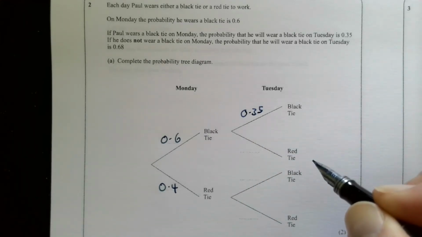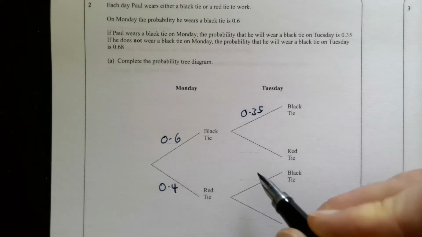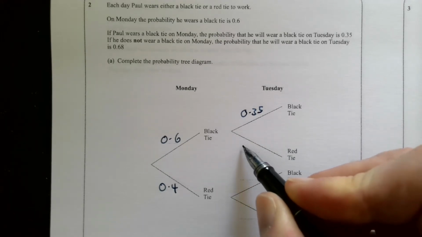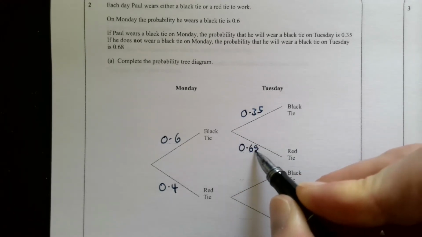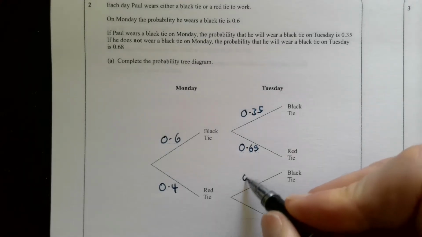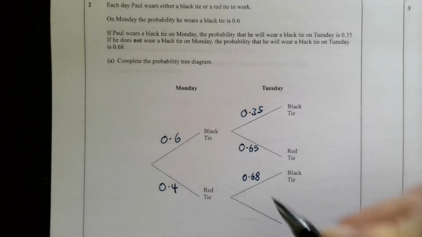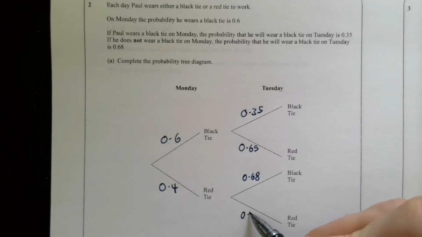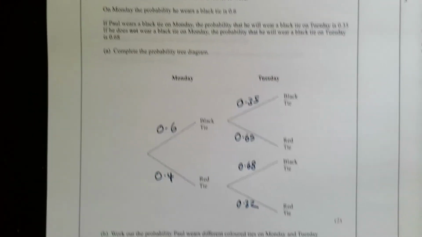If he does not, and so if that's 0.35, the chance of him wearing a red tie has gone up to 0.65, so they add up to 1. And again, if he doesn't wear a black tie on Monday, the probability he will wear a black tie on Tuesday increases to 0.68. 68 plus 32 makes 100, so that'll be 0.32.